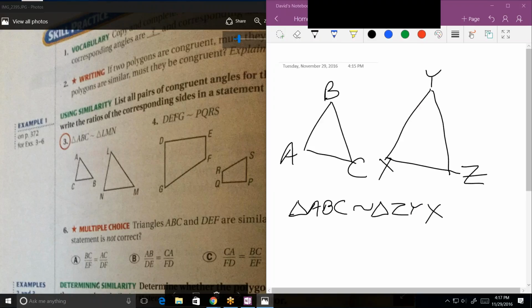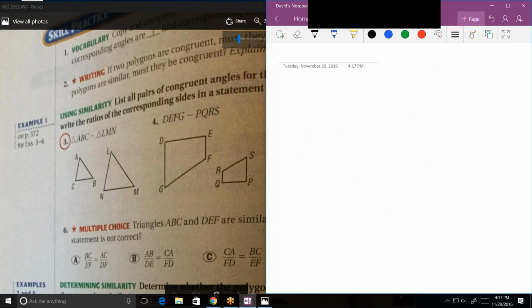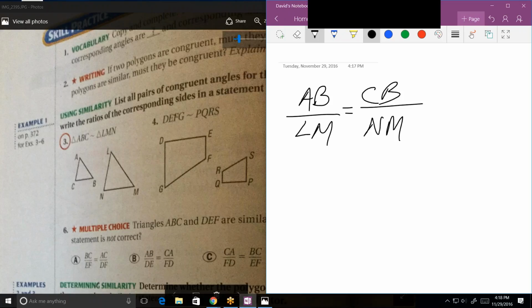Okay, I think what they're looking for in terms of an answer is this. AB is to LM as CB is to NM as AC is to LN.